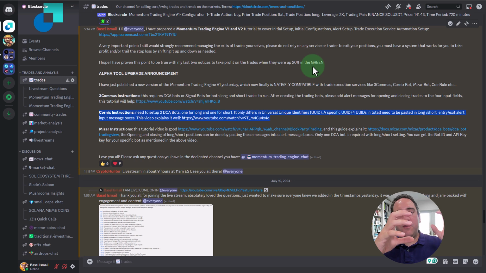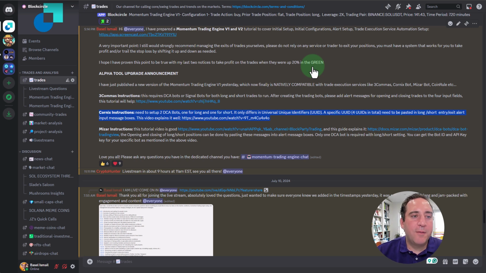Step two is your trade execution service, like 3Commas, Cornix, or Mizar. They take in the alerts and actually execute the trade. But step two needs to be connected to step three, your centralized cryptocurrency exchange, where the actual trades are processed, executed, and transacted.